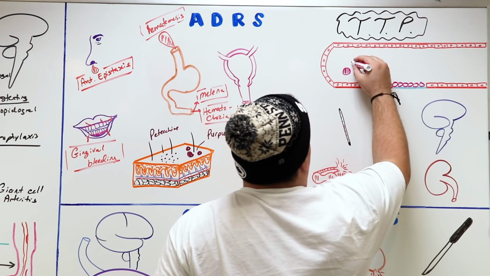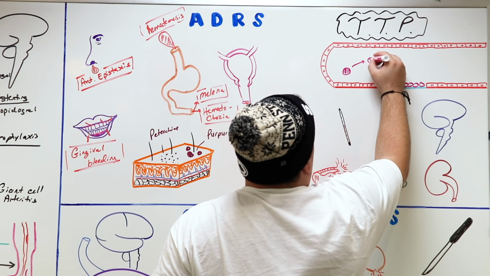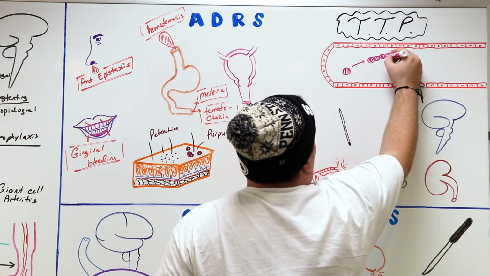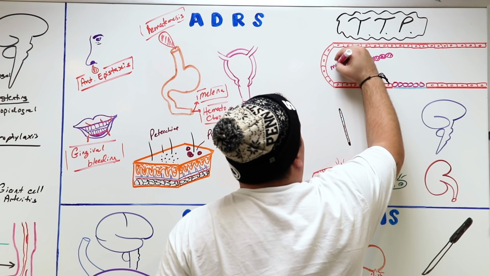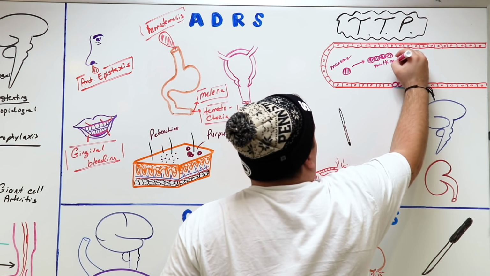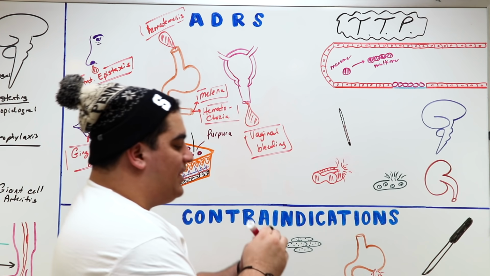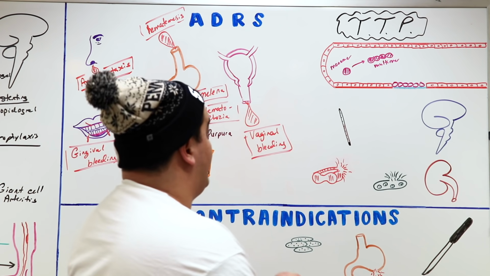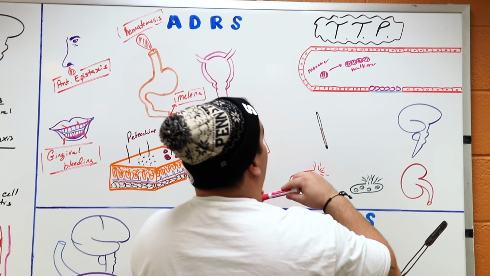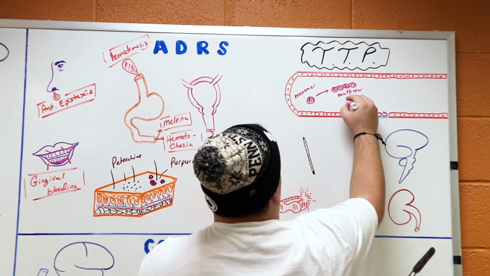But what can happen is they can actually start fusing with one another. And this is a normal physiologic process where they can fuse with one another and go from a monomer to a multimer. Okay, and you have a specific enzyme, thank goodness, that basically prevents this from happening and breaks these multimers back down into monomers.